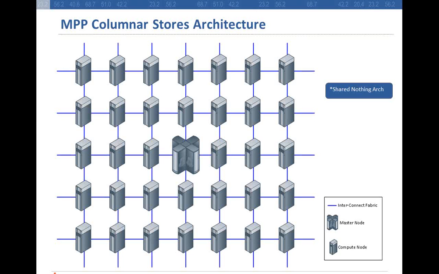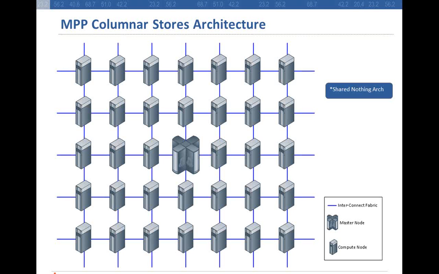The main function of the master or the leader node is that it interacts with the clients, distributes workload among the compute nodes, parses the queries, generates execution plans, keeps track of data distribution, aggregates intermediate results from the nodes and stitches them together before sending it to the client.